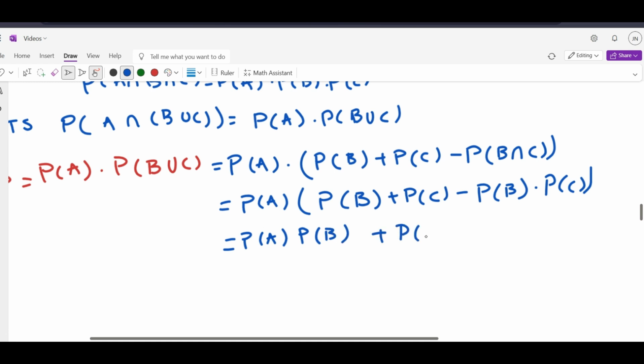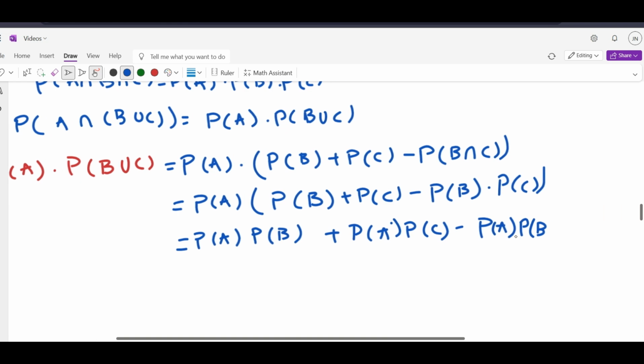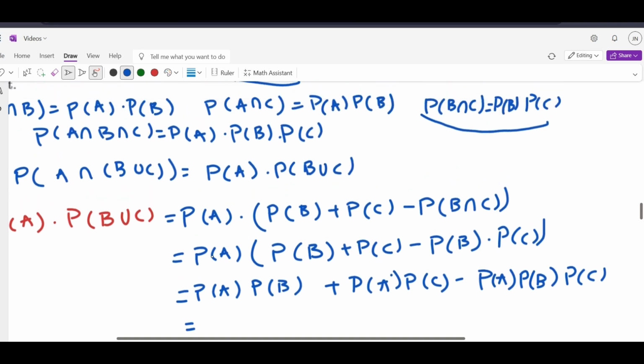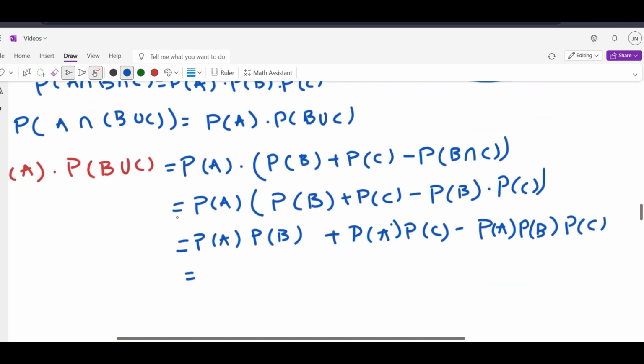So probability of A times probability of B, plus probability of A times probability of C, minus probability of A times probability of B times probability of C. So all of these in the hypothesis have values. And so let's write those values down.